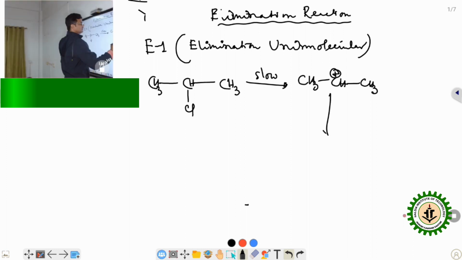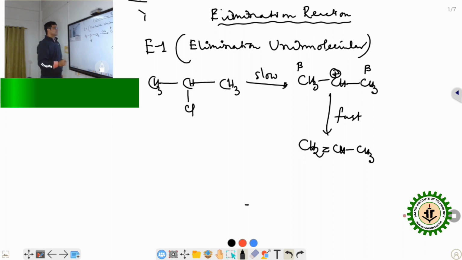Second step, which is the first step, the hydrogen from the beta position will be abstracted to give this alkene. Now the question comes why this Cl leaves and after elimination the carbocation is formed. What is the driving force for this reaction?